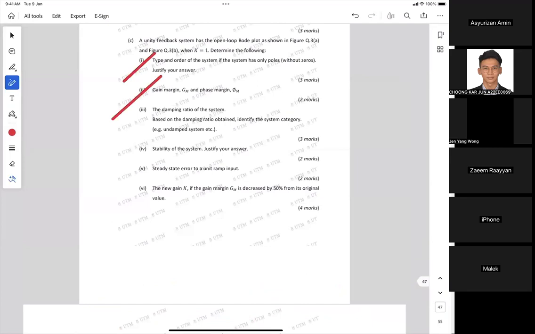Damping ratio of the system based on the system category. What is the damping ratio of the system? How to find the damping ratio from here?